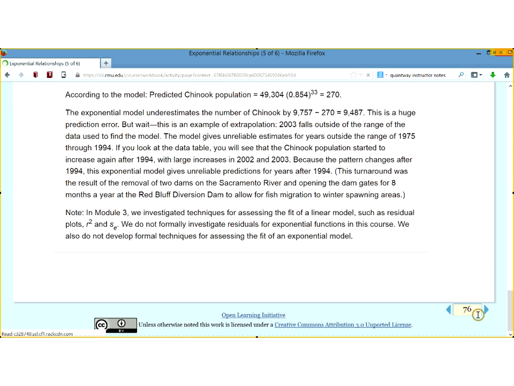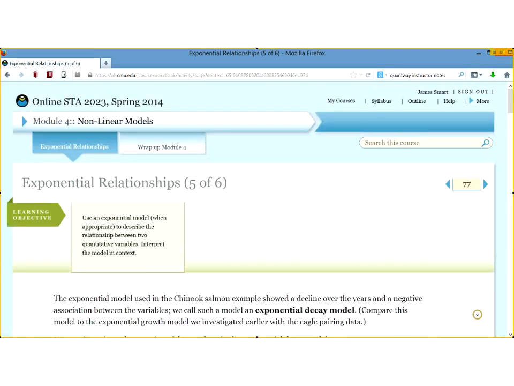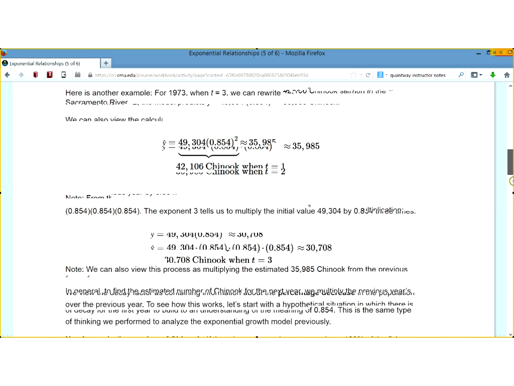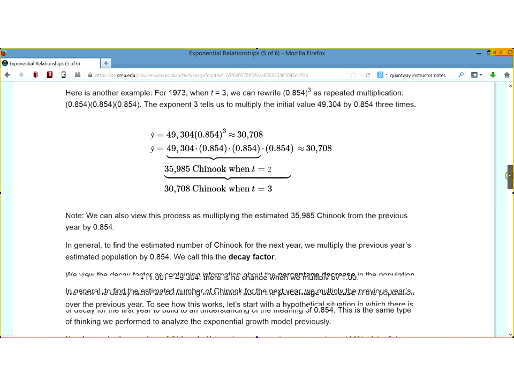You can do a residual plot, etc. Some of the other stuff, but we're not going to worry about that too much. And in fact, remember that I mentioned that we are not going to cover that on the test either, in terms of the standard error regression. Okay, so this just goes through the same thing I just went through in terms of what those numbers mean.